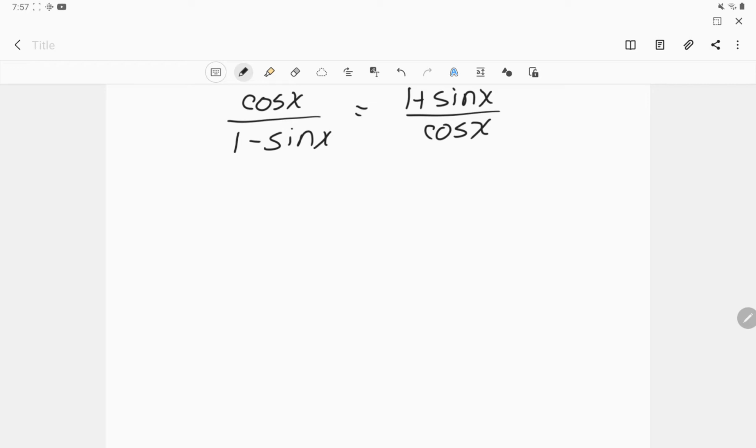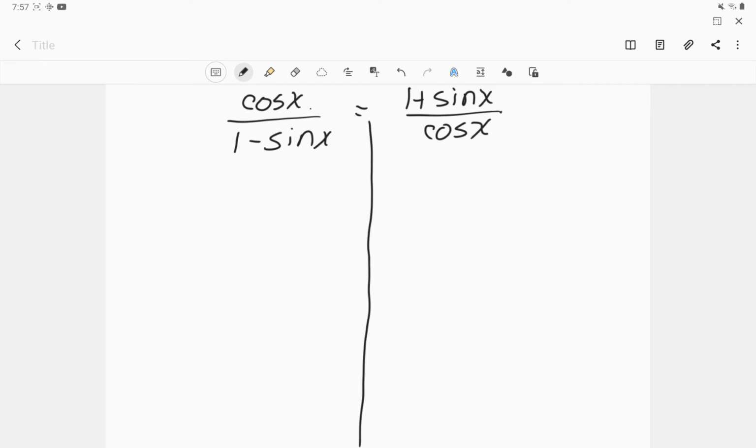And so what they chose to do was they chose to work with just the left side of the equation. So what they're going to do is they're just going to work on the left side and try and turn it into what's on the right side. And remember, you can do anything you want.